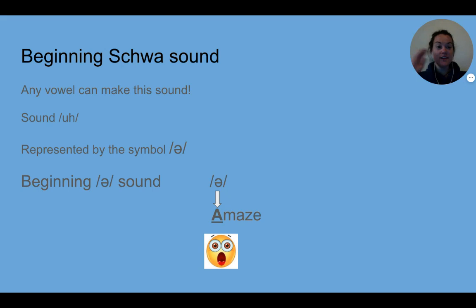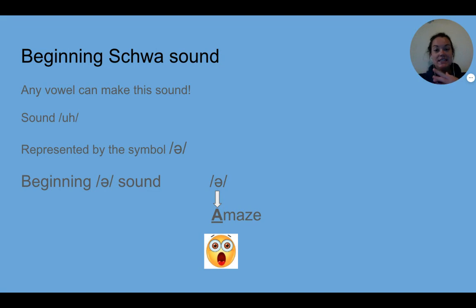All right, so this week we're learning about something called a schwa sound. So you may be looking at me like, Miss Sherman, you're crazy. What are you having us do? Today, although we have 26 letters in the alphabet, there are also other sounds that we make when they're in words.